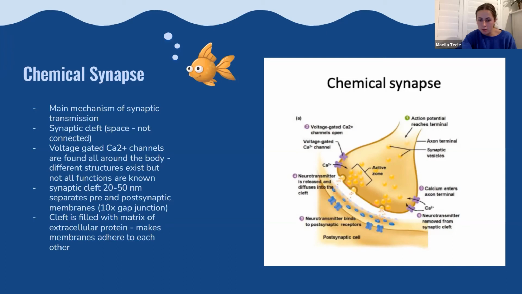So the neurotransmitter binds to postsynaptic receptors, and this is opening up the channels. It results in a new action potential being generated in the next cell. So it's a process that repeats itself until it comes to its target organ or target cell or whatever it needs to finish off doing.